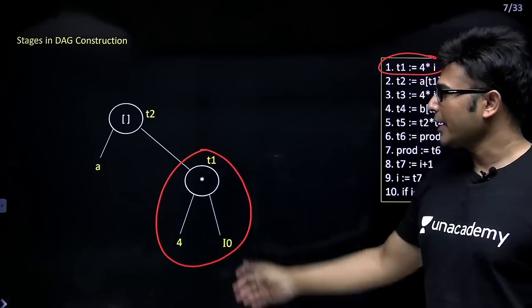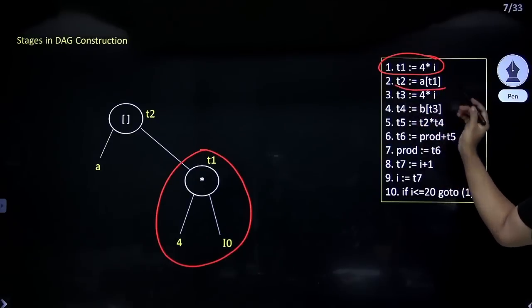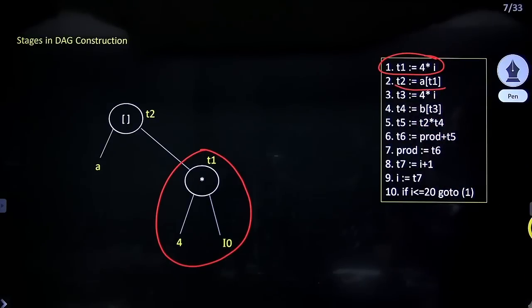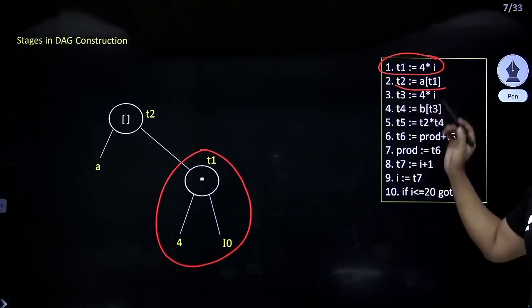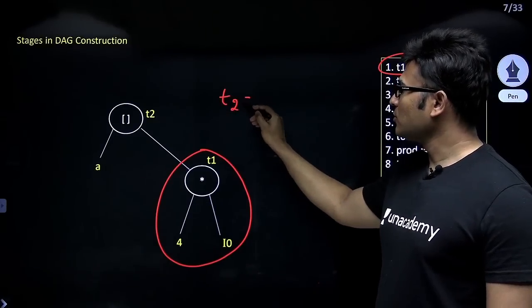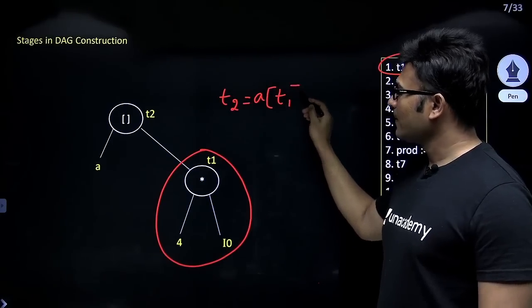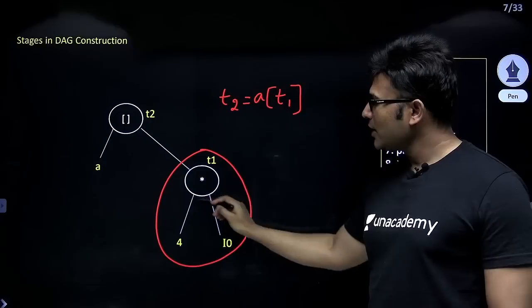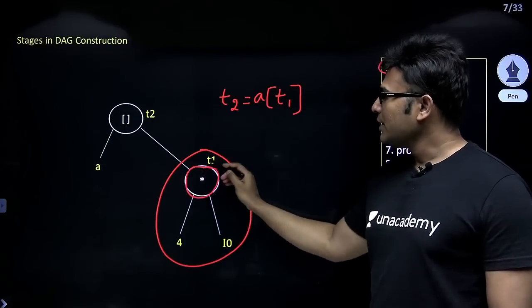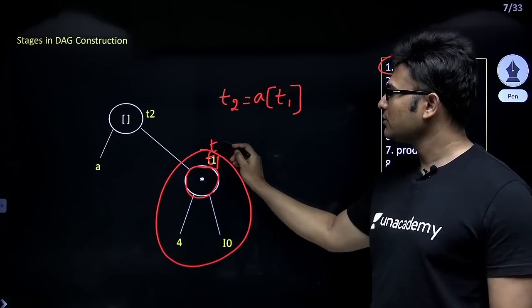Now, after the first statement is over, for the first statement I got this tree, or this DAG. For the second statement, it is T2 equal to A of T1. We know that this particular node is T1.